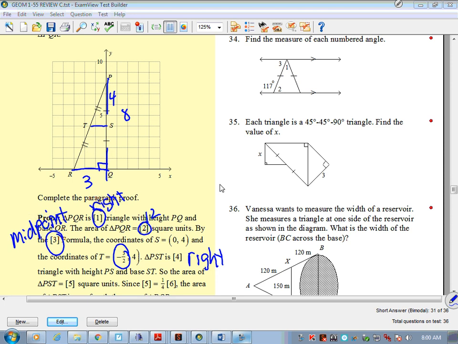So the work that we're actually showing there is 3/2, because that's our distance, times 4 divided by 2. So what you're getting there is 3 times 4 is 12. 12 divided by 2 is 6. 6 divided by 2 is 3. So your area there is 3.